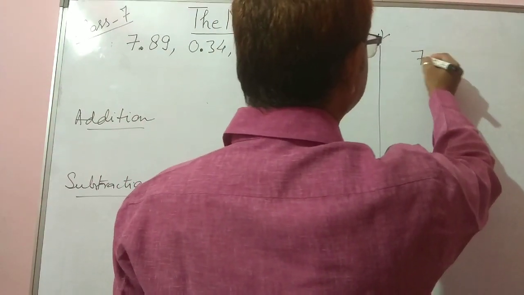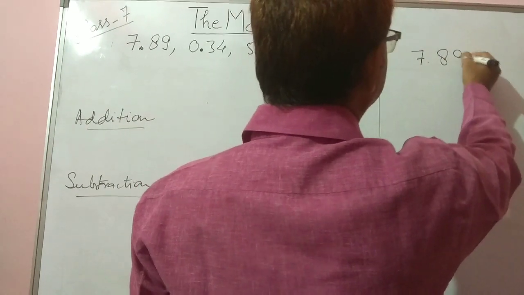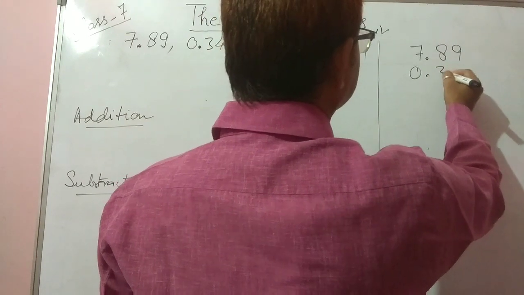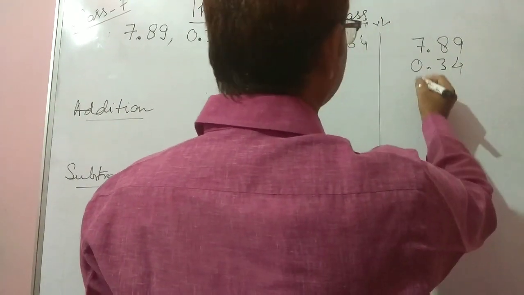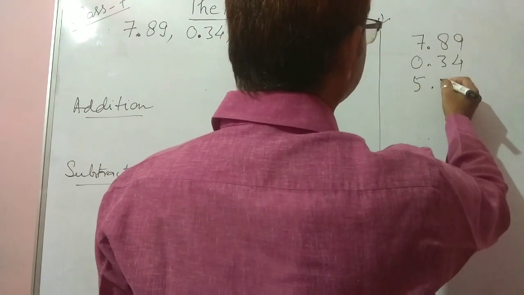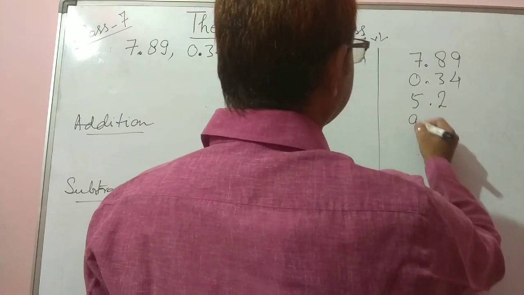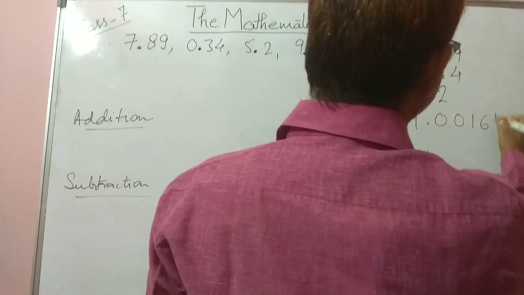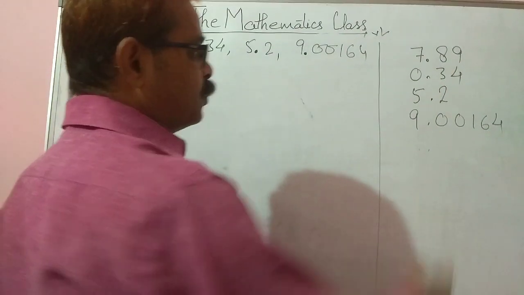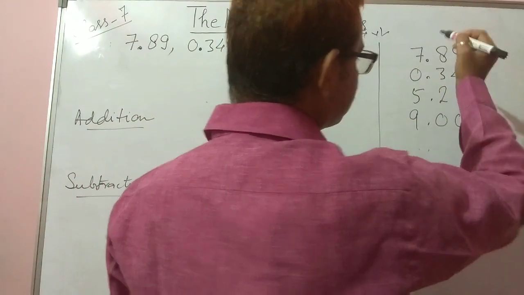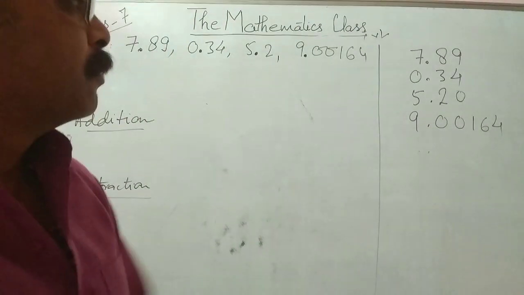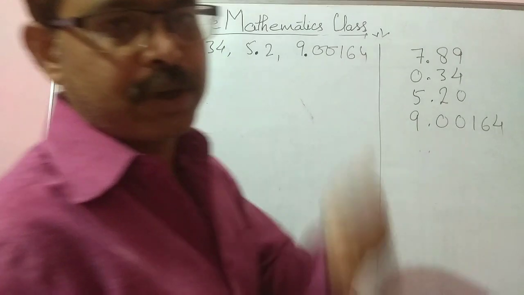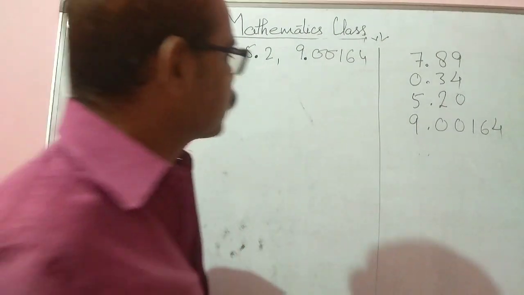I am writing 7.89, then 0.34, then 5.2, 9.00164. Now we can place a 0 over here, because it doesn't make any change to 5.2, because 5.2 and 5.20 are the same number.